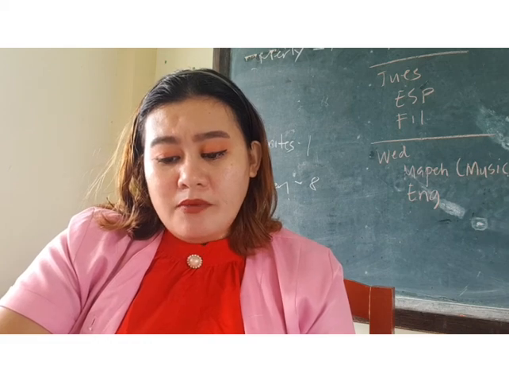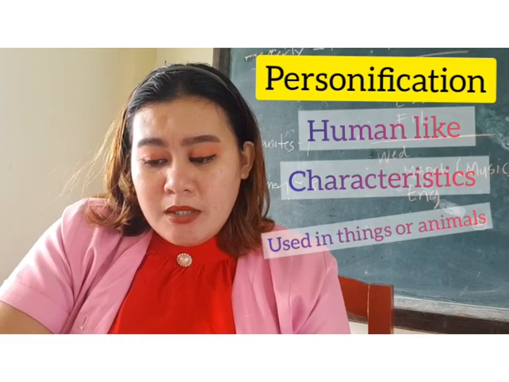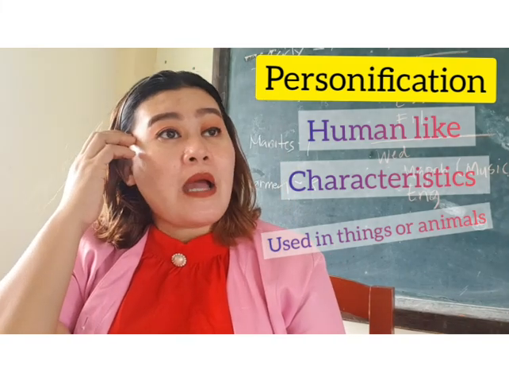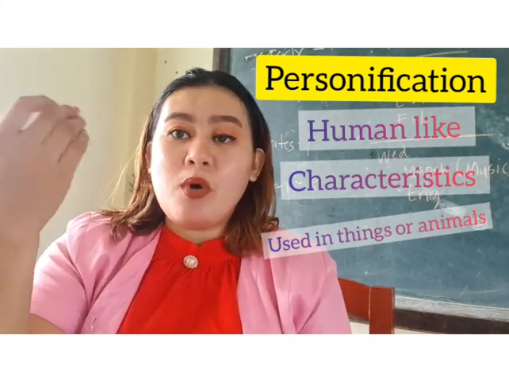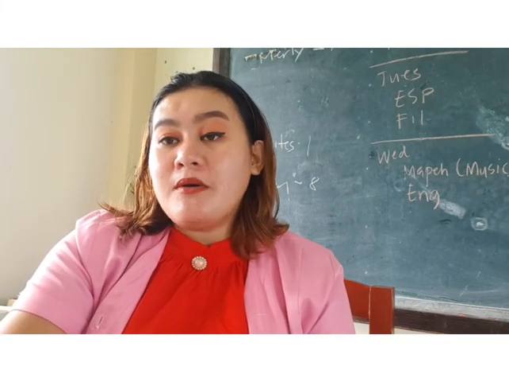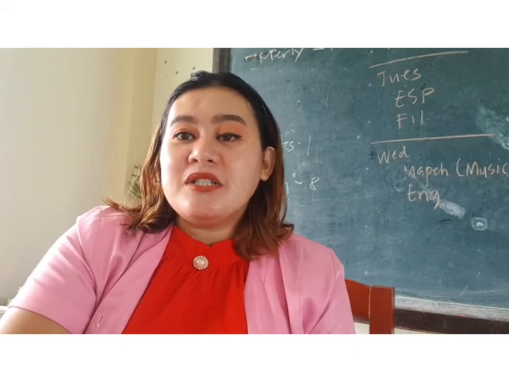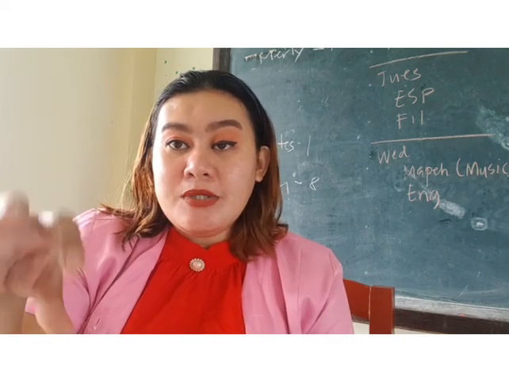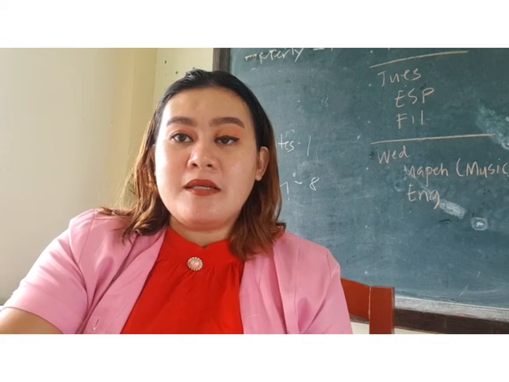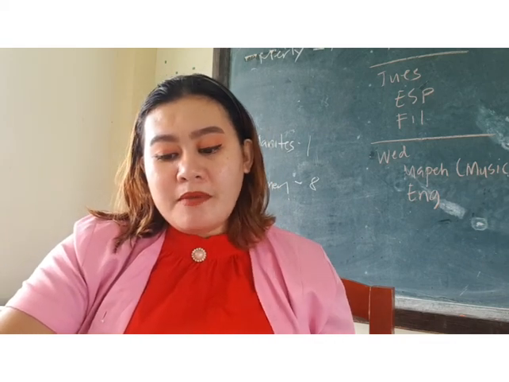Okay, what else? We have personification. When we say personification, this is giving human-like characteristics to things or anything. For example, you say the cloud smiles, the trees wave. So that is using human-like characteristics for an object. So next we have the hyperbole.